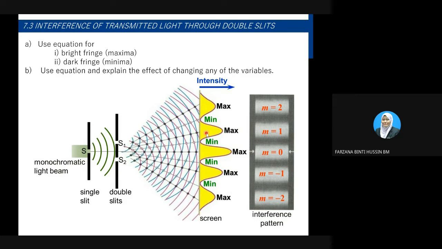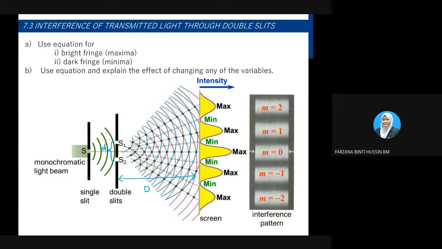So we can determine the pattern on the screen, and we can determine the order of bright or dark fringe. In this diagram we have a screen. The distance between the slits and the screen we label as capital D, and the distance between the two slits is labeled as small d.